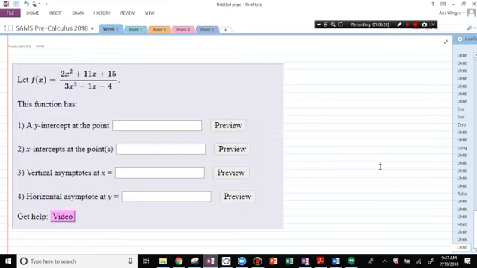Exercise in factoring. This is everything. This is about as bad as it gets.